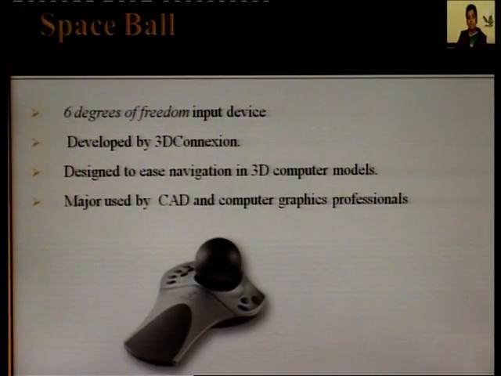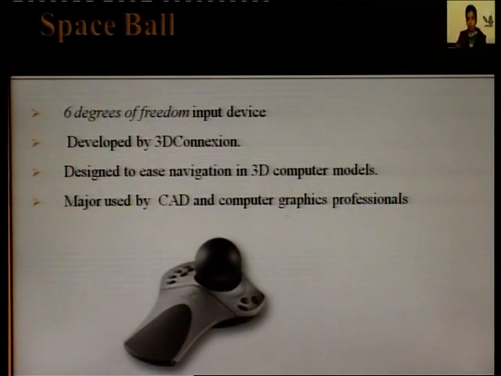Spaceball, a 6 degree of freedom input device developed by 3Dconnexion, designed to ease navigation in 3D computer models. It is mainly used by CAD and computer graphics professionals.